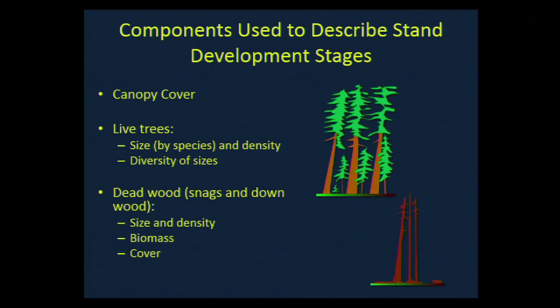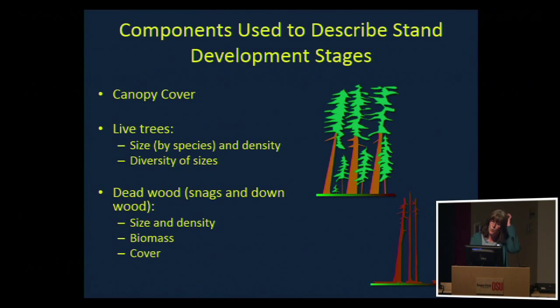In terms of how much light is getting to the ground by way of canopy cover, what is the size and distribution and species of live trees, and also how much snags and coarse wood do we have. And those are really, as you heard from Ray, the same components that are being used in the OGSI as well.